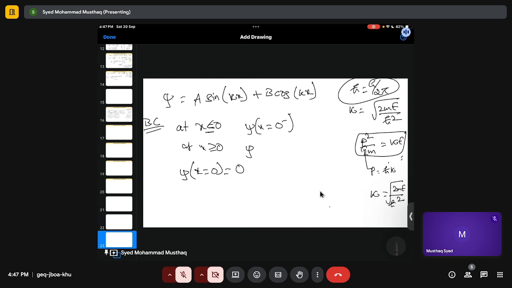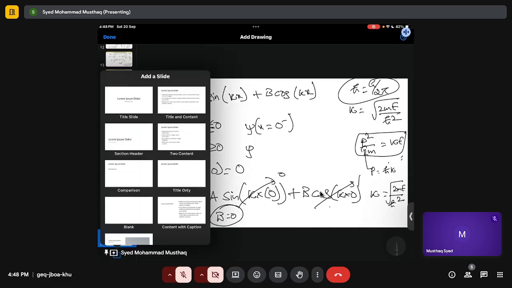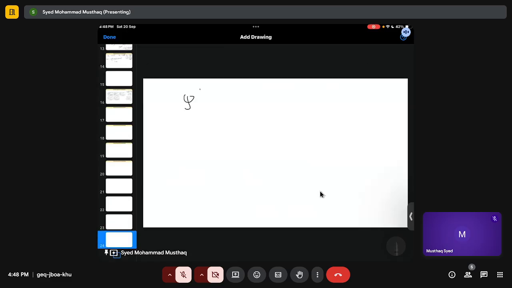Then if I substitute 0 here, a sin k times 0 plus b cos k times 0. I will derive everything, okay? So don't worry. Sin 0 is 0 and cos 0 is 1. Then b equals 0. Then I can write my wave equation as a sin kx.